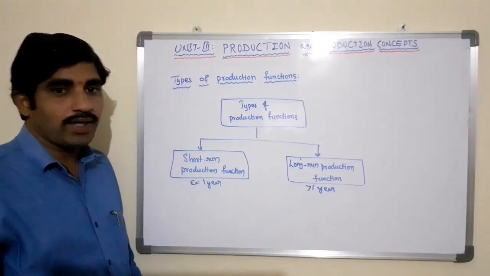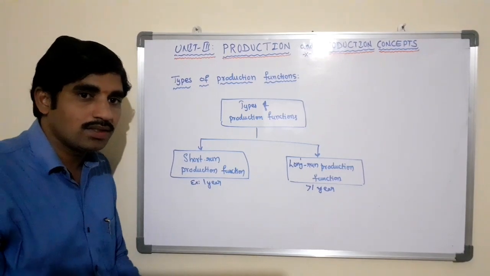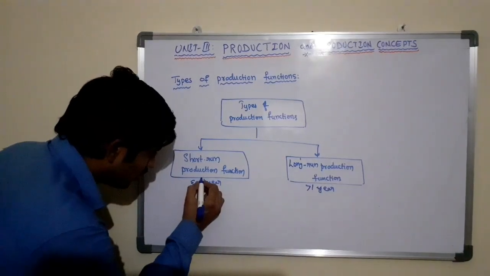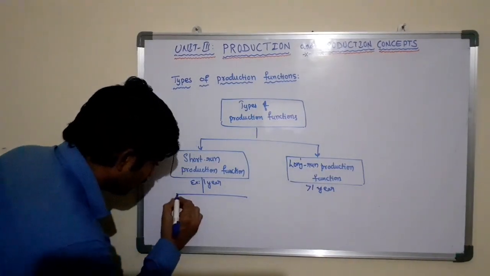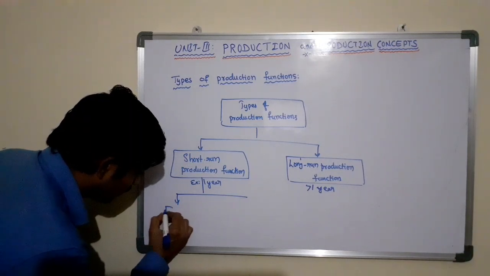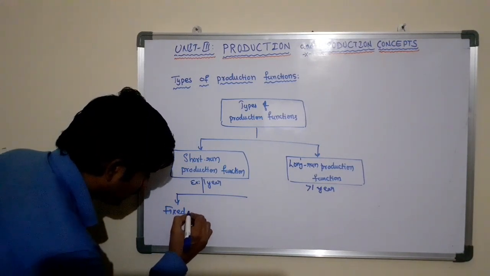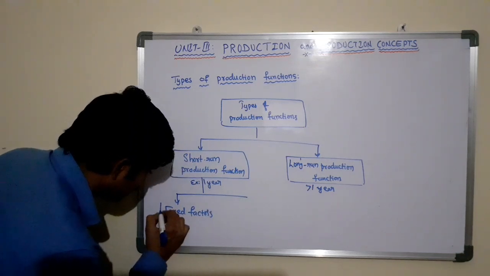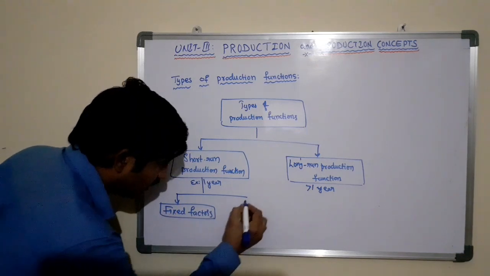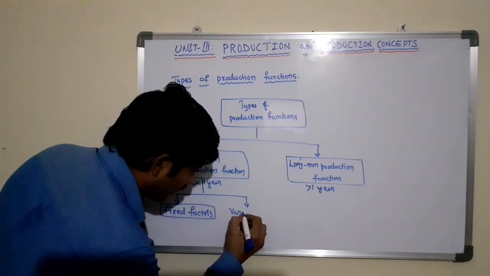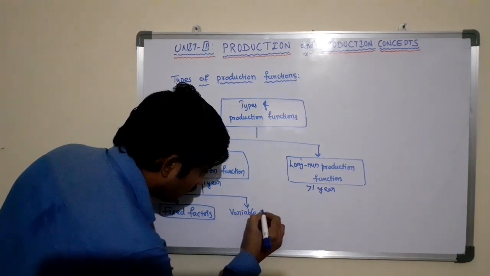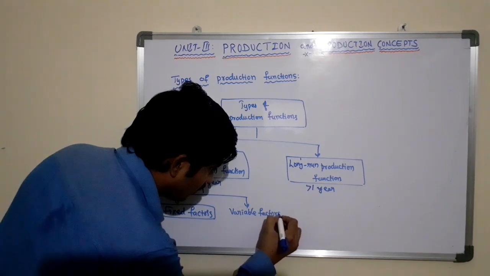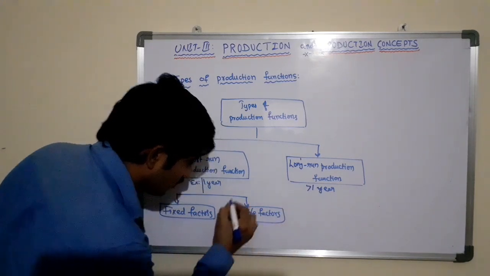How we can define and what is the basis? Here in case of short run production, we may find two factors, that is fixed factors and variable factors, in terms of inputs.